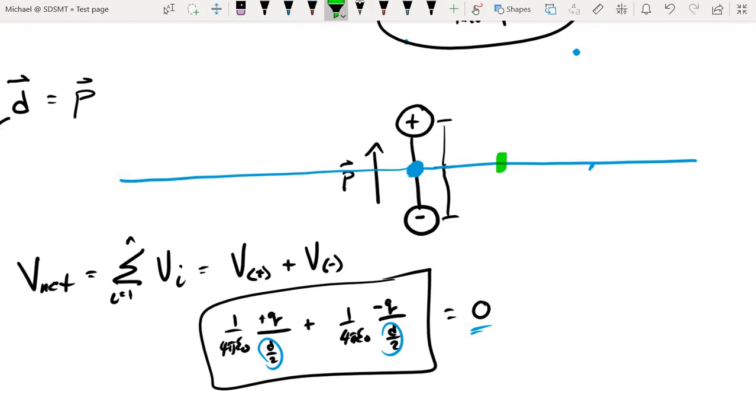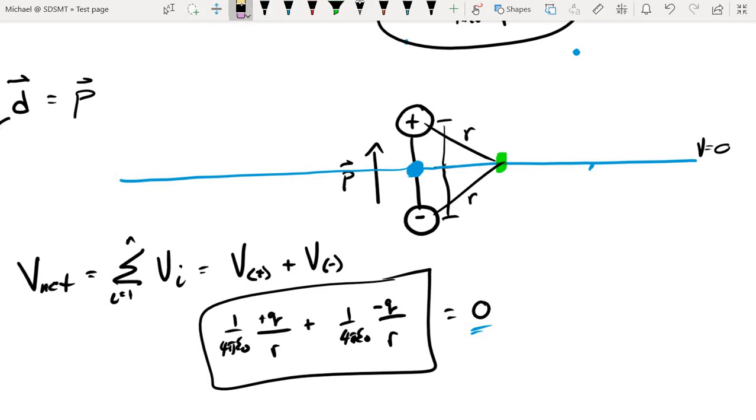And any point on that line would be equidistant from the two charges. So each of these charges would be a distance of r from that point. And so now I would put in r instead of d over 2. And I'd still get 0. So everywhere on that blue line, we have an electric potential of 0.